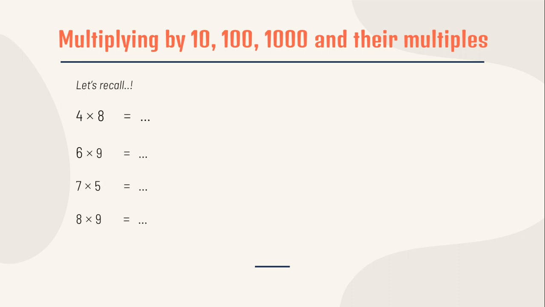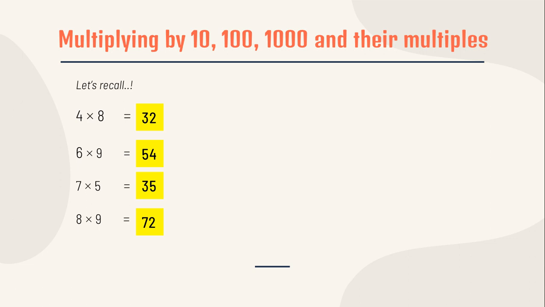But first, don't forget, we need to recall your mind. 4 times 8, easy, equals 32. 6 times 9, 54. 7 times 5, 35. 8 times 9, 72. For those who are still not capable of recalling the multiplication table 1 to table 9, please recall it by yourself.